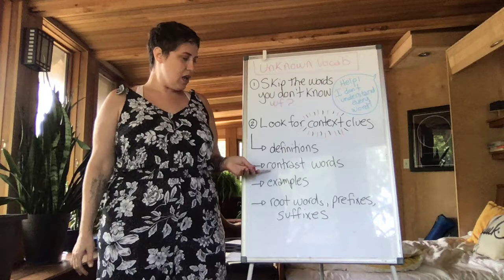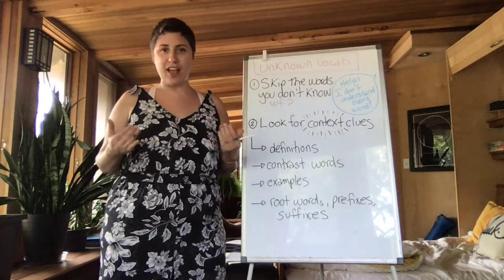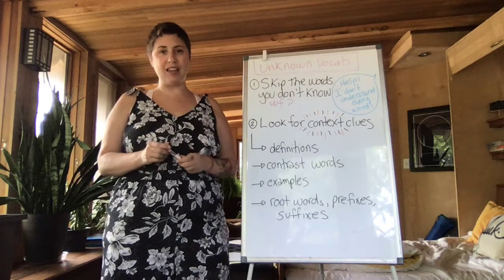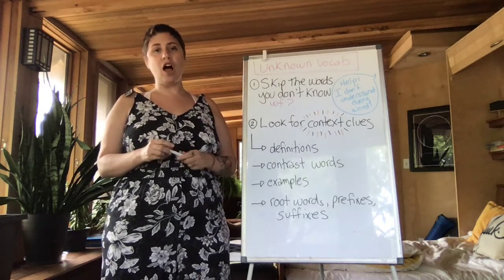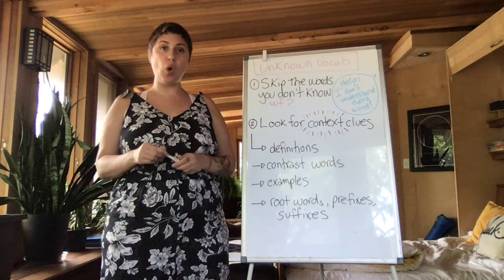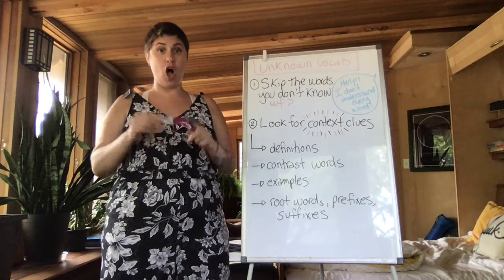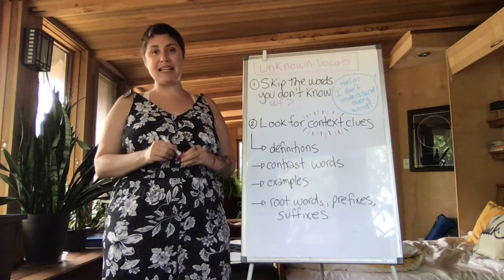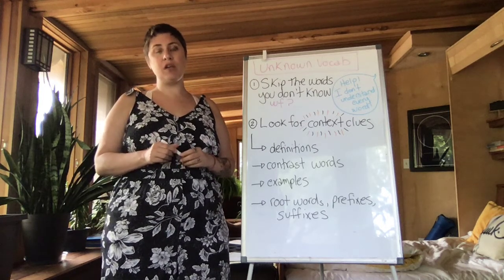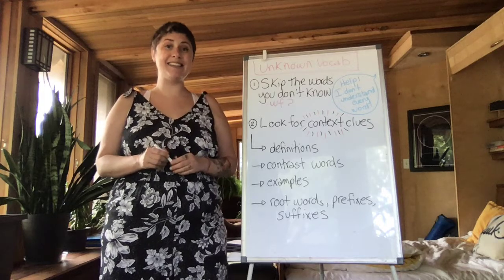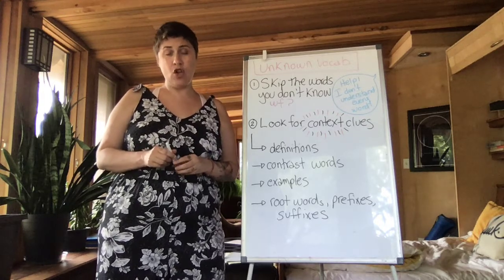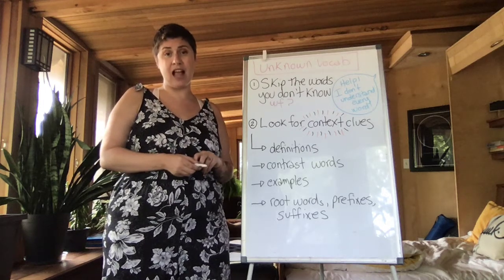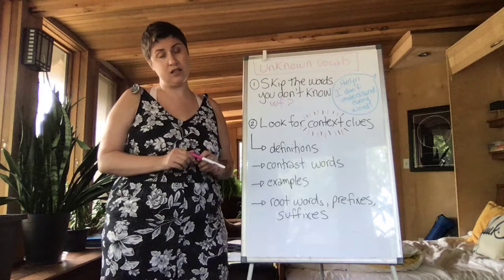Okay. The next one is looking for contrast words, because in English we really don't like to repeat ourselves, we'll often use synonyms or antonyms, meaning the opposite word to the word we are looking for. So if somebody says, I am ecstatic today, which is a surprise because yesterday I was so sad.